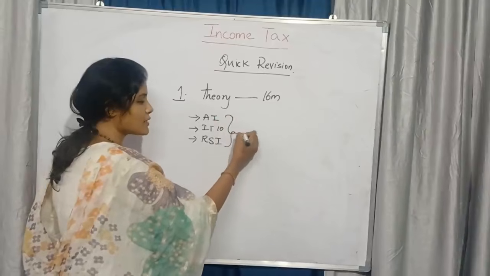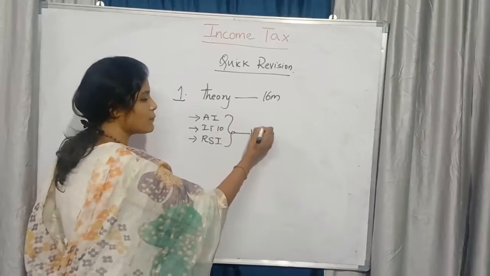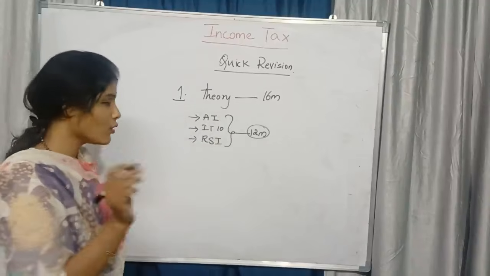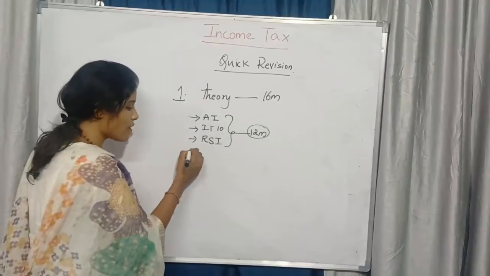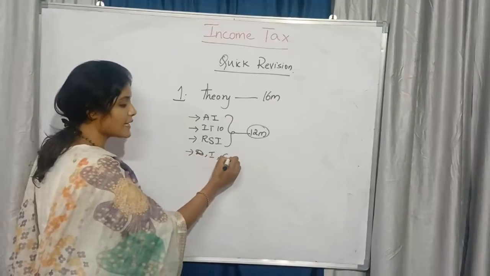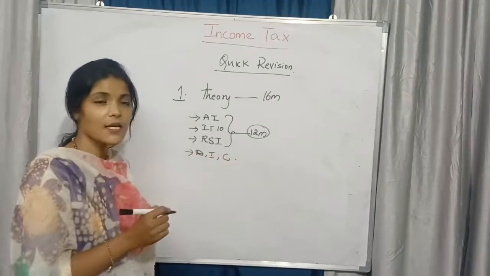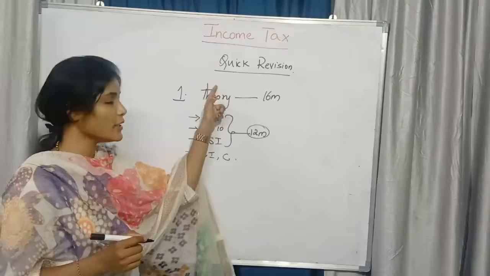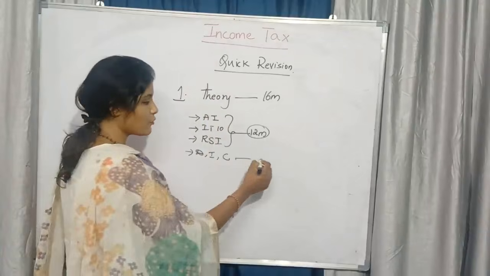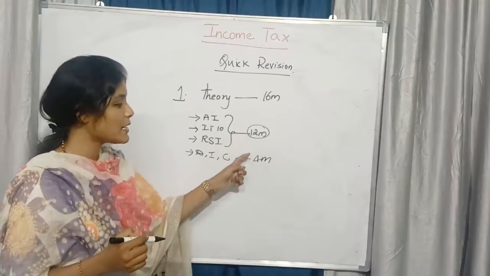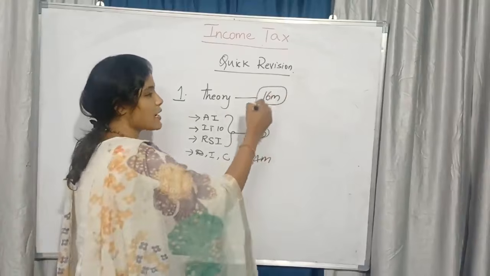If you learn these 3 questions, you will be able to attempt 12 marks in your examination. And for 4 marks, what you have learned is: what is direct tax, what is indirect tax, what is canons of taxation. These are the important theory questions from unit number 1. Definitely a 4 marks question you will get from these. So 12 plus 4, total 16 marks weightage.